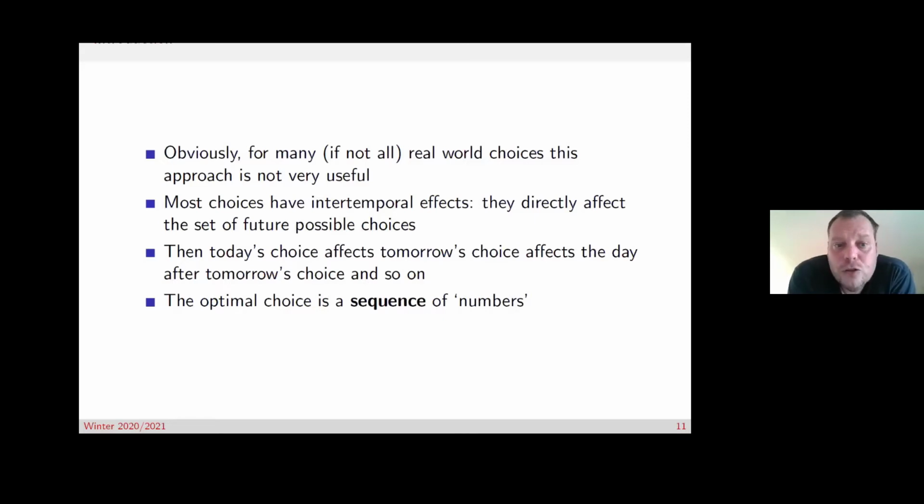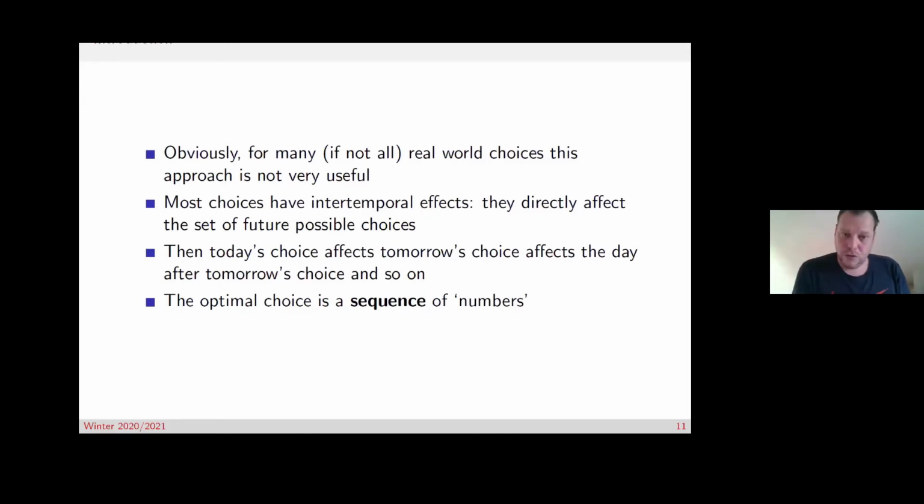But then considering only today, considering only the optimal choice as of today, is not very helpful. Why is that? Well, because the choice you pick today affects the situation you are in tomorrow, but then this affects your optimal choice tomorrow. And the optimal choice tomorrow affects what happens the day after tomorrow, and so on and so on.